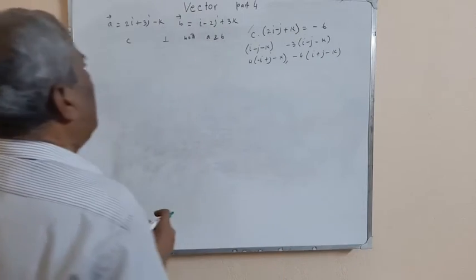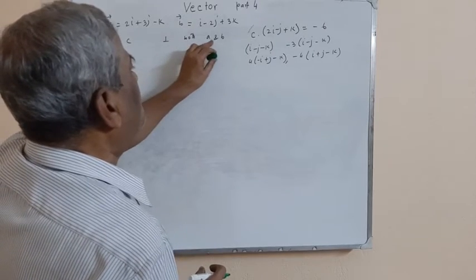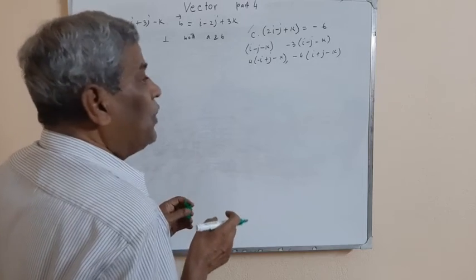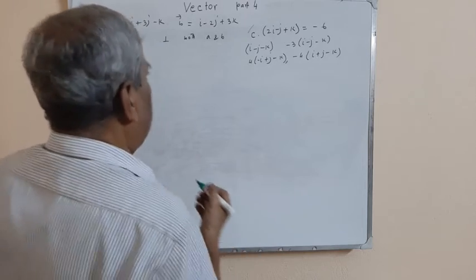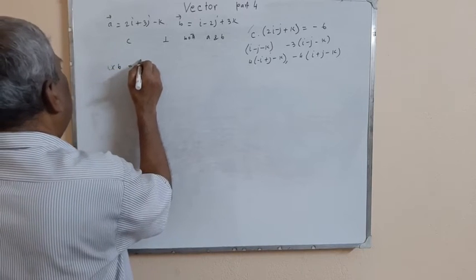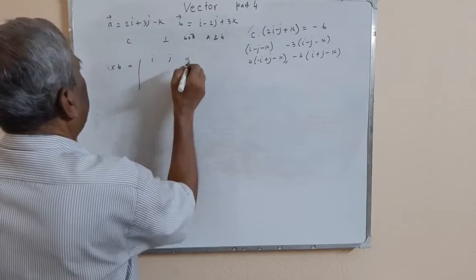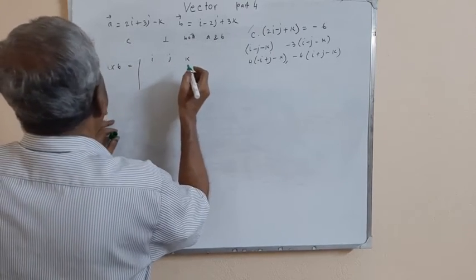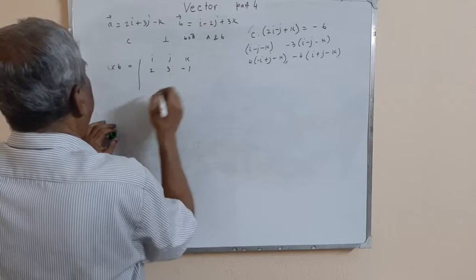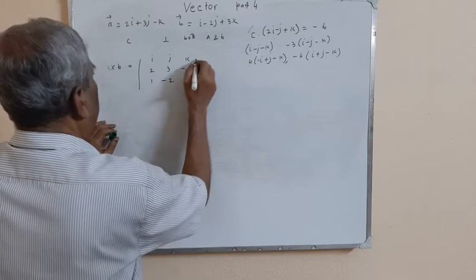Because C is a vector perpendicular to both A and B, C can be obtained from A cross B. A cross B is equal to the determinant with i, j, k, then the components of A, that is 2, 3, minus 1, and 1, minus 2, and 3.